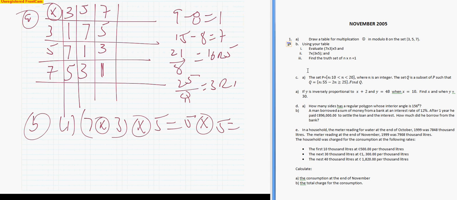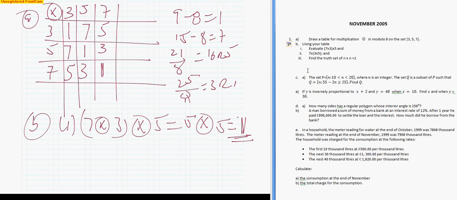5 times 5 according to the table is 3, right? No, sorry, 5 times 5 is equal to 1. So 5 times 5 is equal to 1 here. So it's 1.